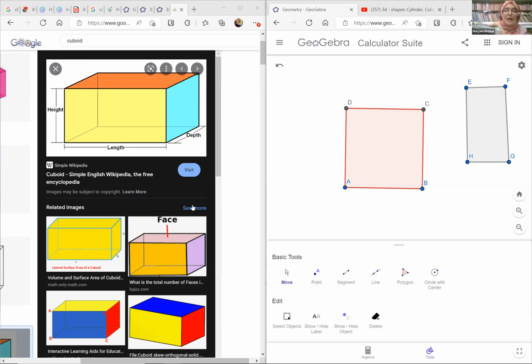One more thing: let's say this book is a cuboid. Imagine any cuboid, like this cuboid on the left of the screen. If you were to slice it and take out one very thin slice of it, just take a sharp knife and slice it through, what will the shape of that slice be?